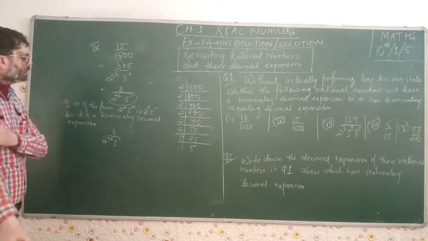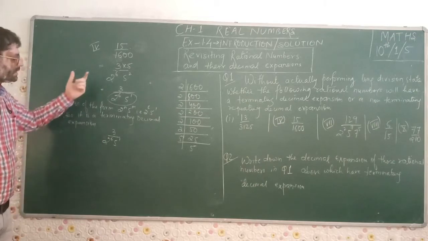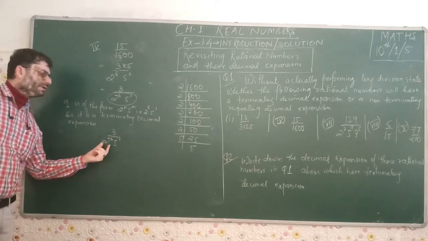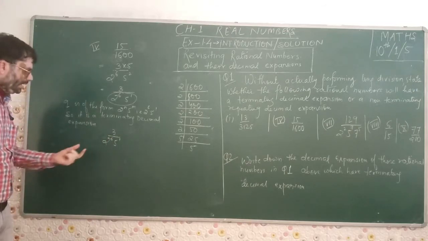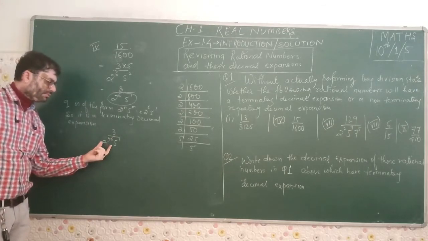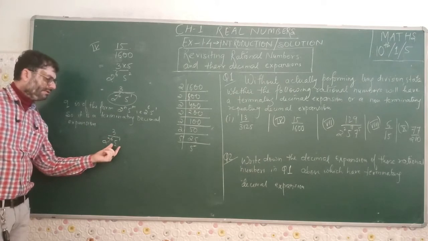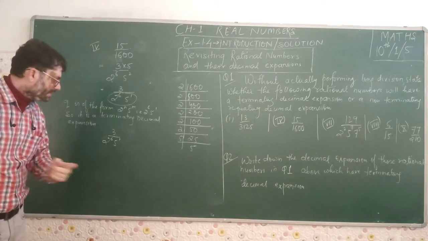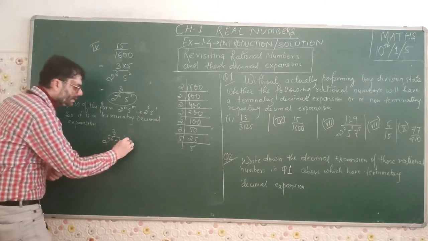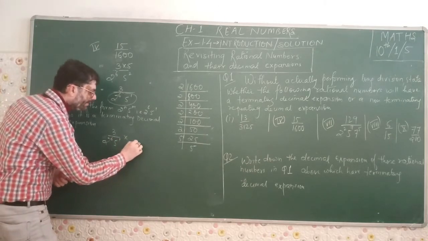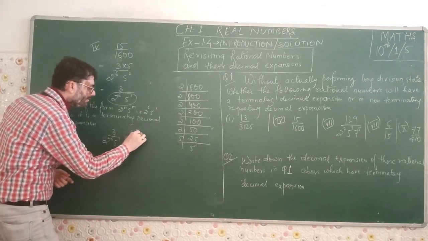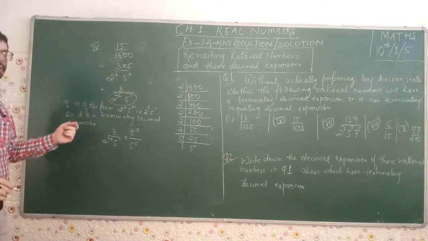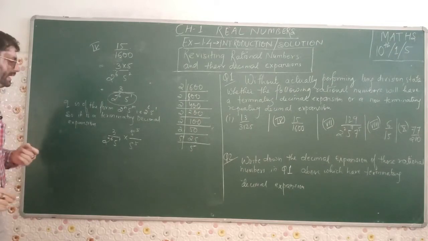I have told you in the previous question also that the powers of 2 and 5 should be equalized. Here the highest degree of 2 is 6 and the degree of 5 is 1. That means we need 5 more 5s out here. So we need to multiply 5 to the power 5 in the denominator and 5 to the power 5 in the numerator also, in order to equalize the degrees for both 2 and 5.